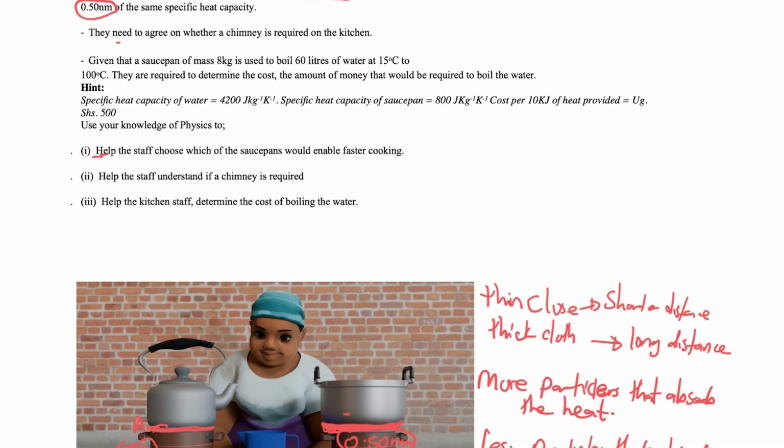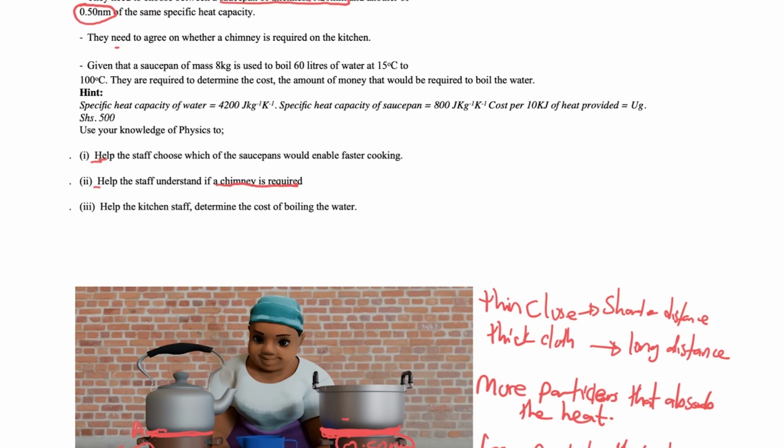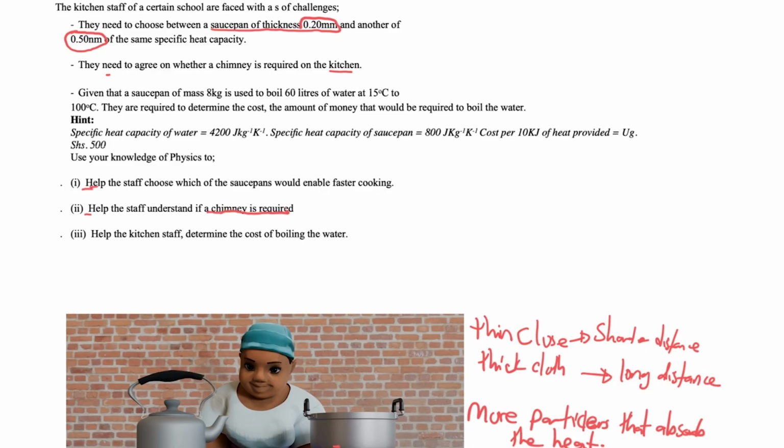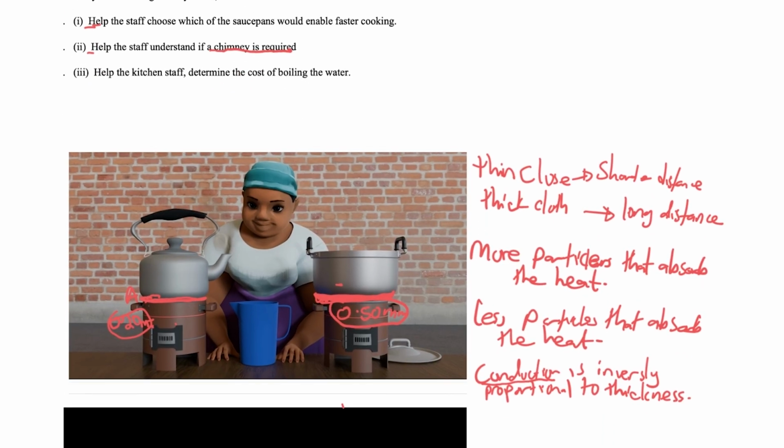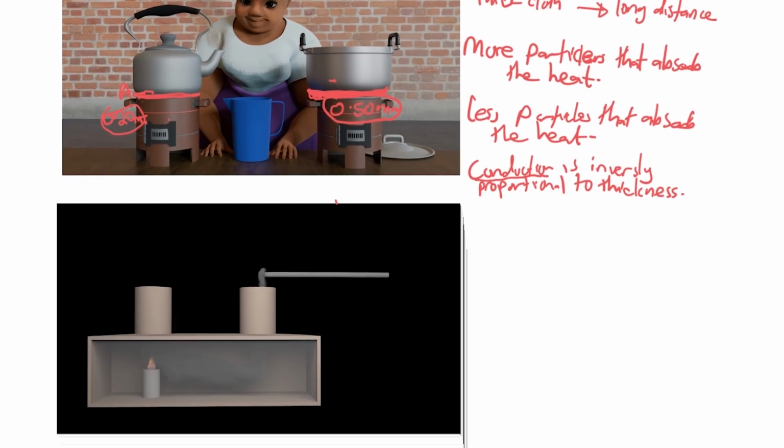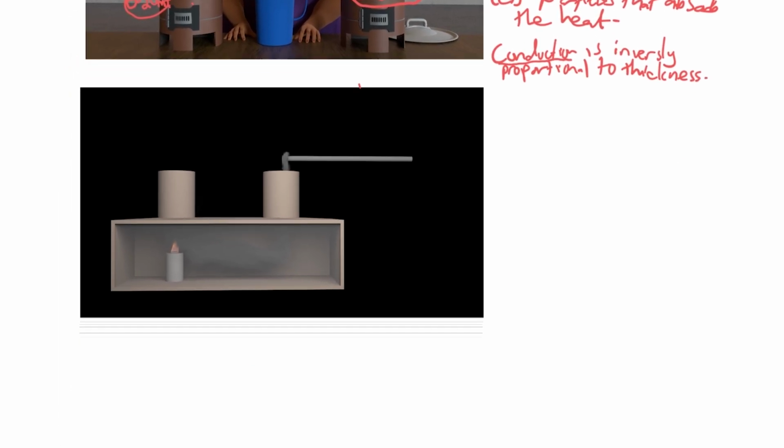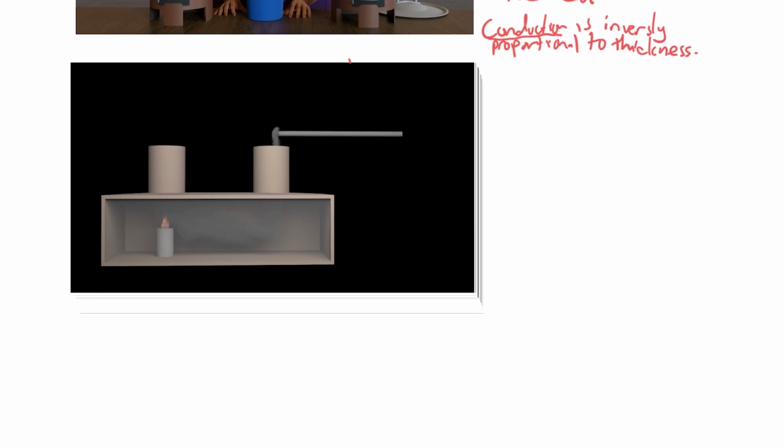Another task is to help the staff understand if a chimney is required. Remember, this is a kitchen. Do we all know what takes place in a kitchen? A kitchen is an area where cooking takes place. Now, for us who have ever been to villages, not us who cook using gas, you may not know what really happens in a kitchen.